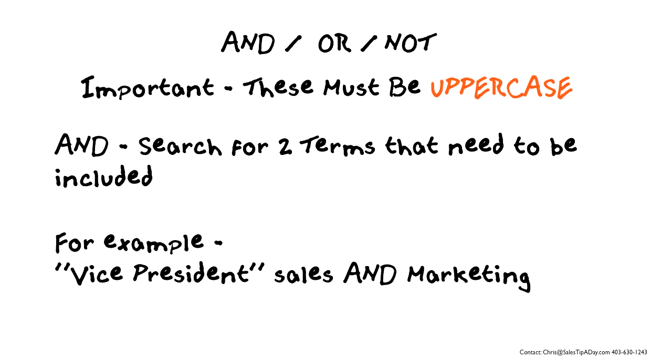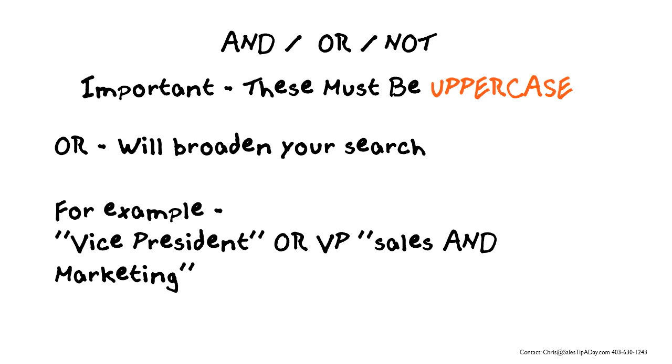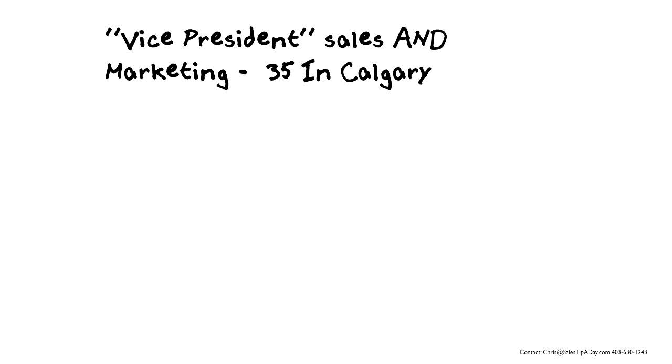and marketing. The other way is if I want to broaden my search, I can put an OR in there. In some cases, some people put vice president, other people put VP. So if I look at vice president OR VP, sales and marketing, it's going to get back better results for me. I'll give you an example. When I search on LinkedIn and look up vice president, sales and marketing in Calgary, I ended up with 35 people in my search results.